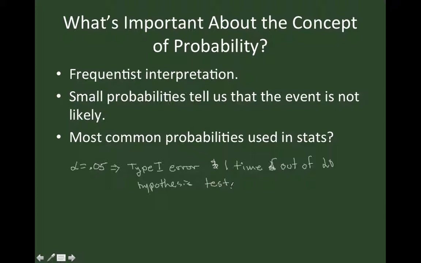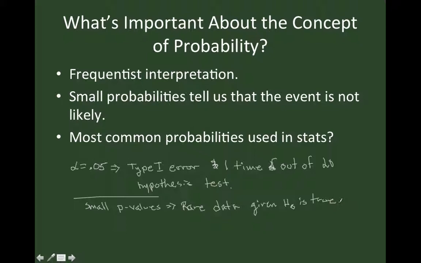So if we think about the rare event principle in terms of our hypothesis testing, small p-values indicate rare data given H0 is true.